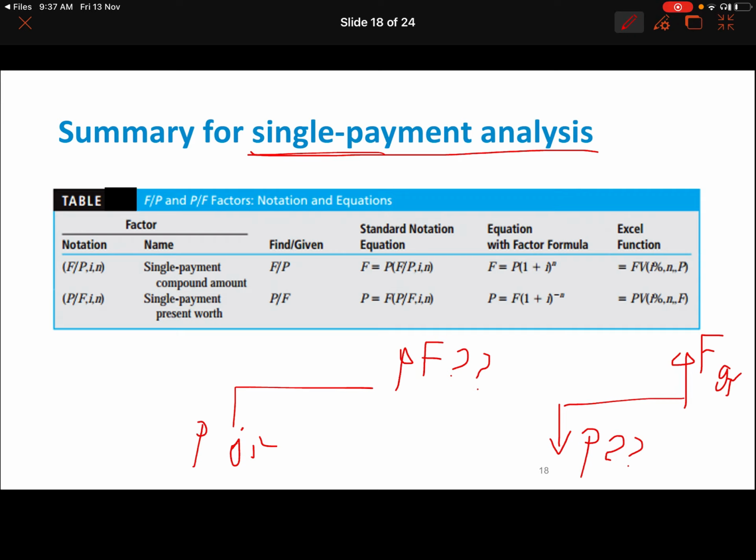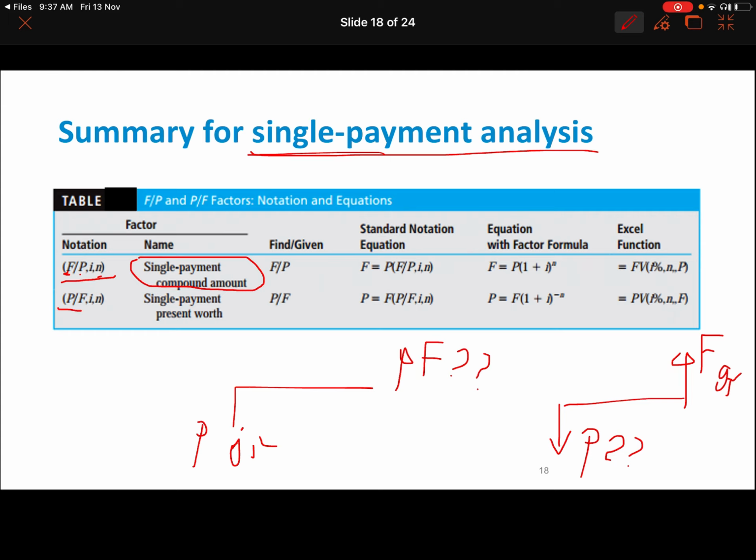The single payment analysis gets the notation F given P, I and N, which means I need future if I have present, with interest rate I and N years. We call it single payment compound amount if I need future from present.